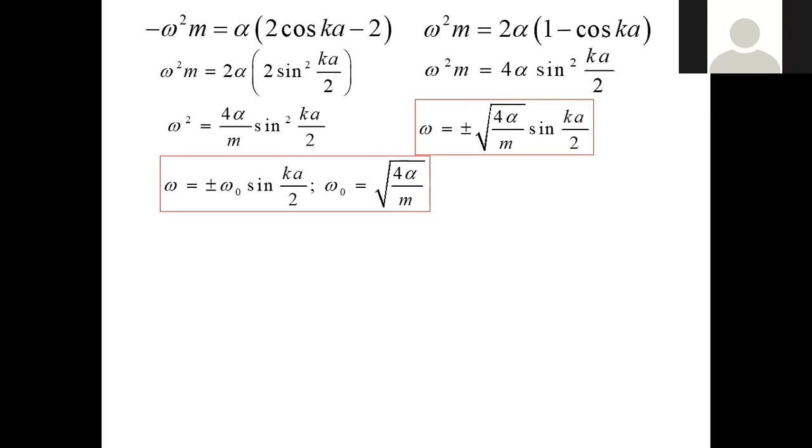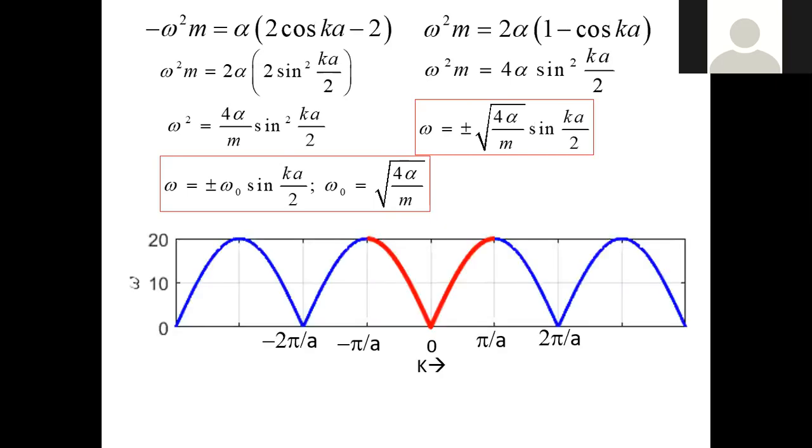Next comes the variation of omega with wave vector k. How do we get this? It simply depends on the dispersive relation. Already you can see here omega is equal to omega naught sine Ka by 2.